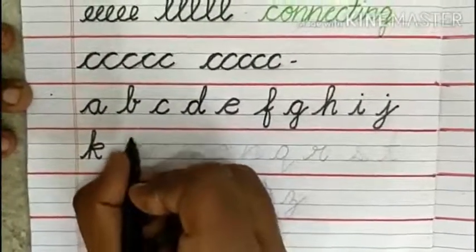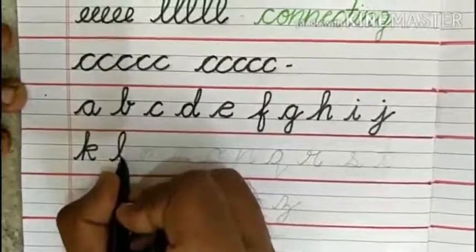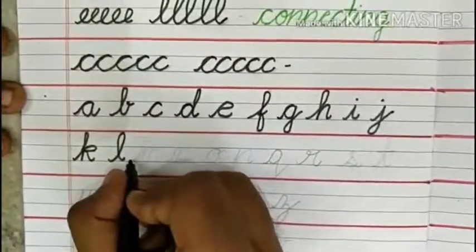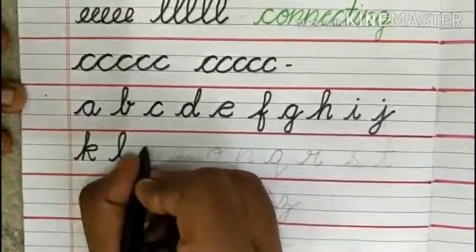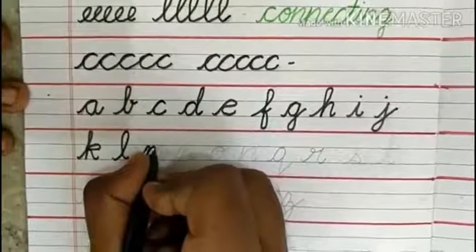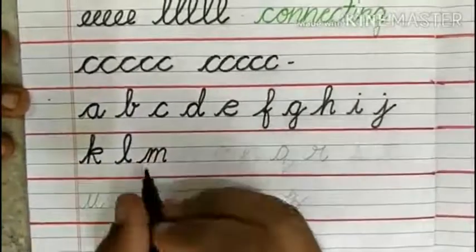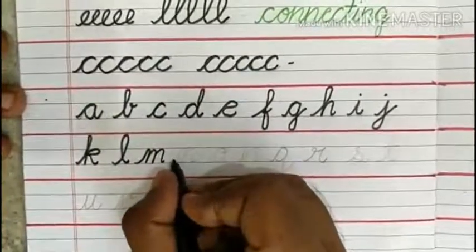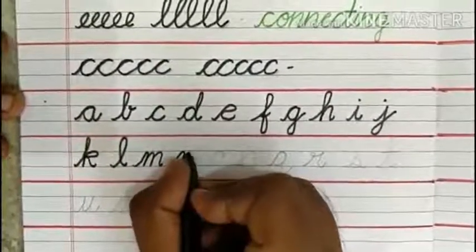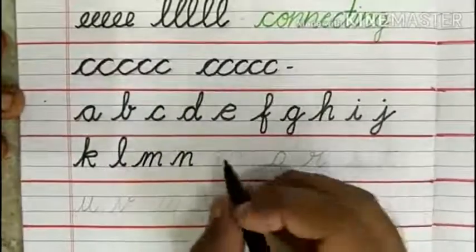L, simple. M, from the baseline, like this, like this, like this, similar to M. N, like this.